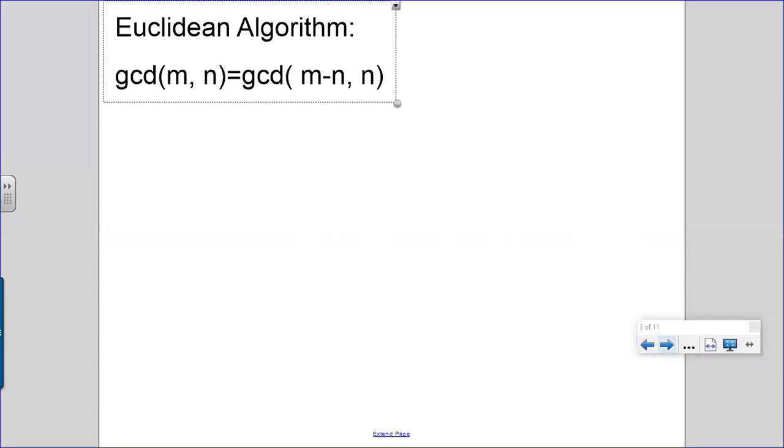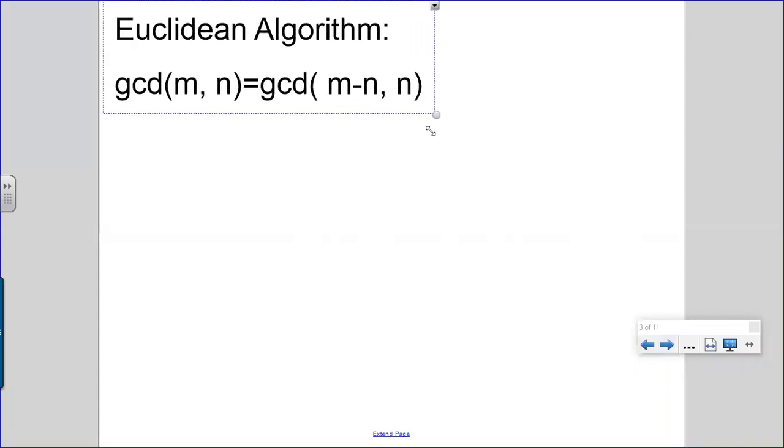So Euclidean algorithm says this. For the greatest common divisor of m and n, it is equal to the greatest common divisor of m minus n, comma n. So essentially what Ananya was talking about, you can subtract and keep simplifying, right?